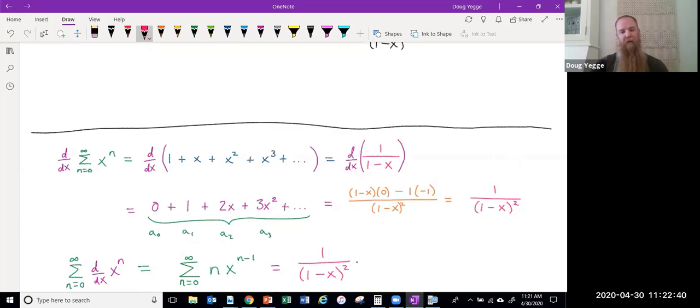So wait a second, what does that imply? It implies that the sum of this power series is equal to the sum from n equals 0 to infinity of n times x to the n minus 1. I don't have to rewrite it, it's already there.